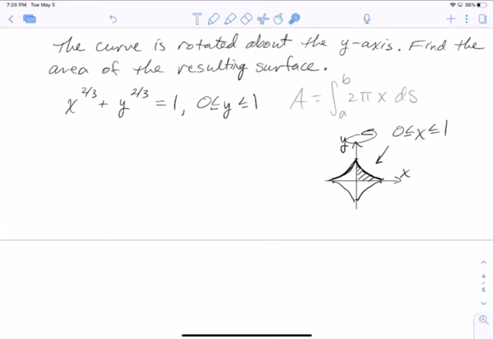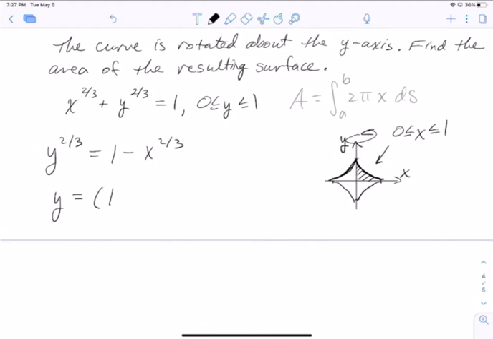Having decided that we're going to do this using dx, again, my reasons will be clear later, we need to solve this equation for y. Y to the 2/3 will then be 1 minus x to the 2/3. Now I need an exponent of 1 on y, and so I need to raise everything to the 3/2 power.